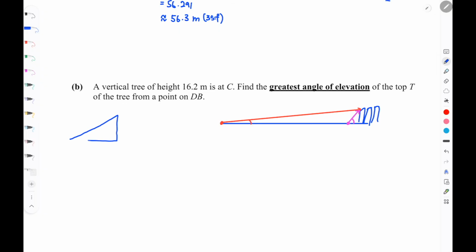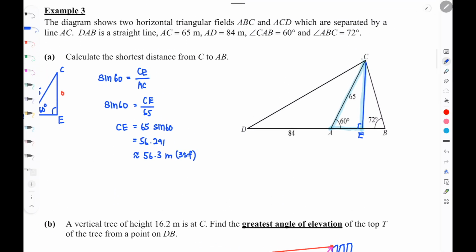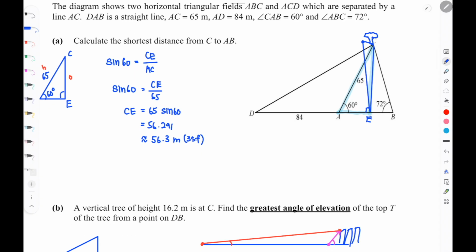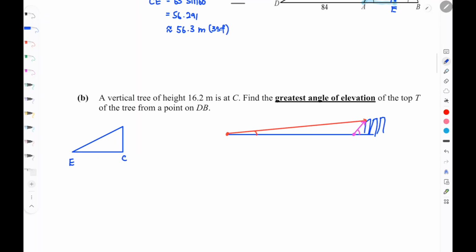So I have a new triangle now. This is point C, this is point E. Okay, what I'm doing is actually I have a tree over here, and then I have this new triangle that I am drawing here. So I have E, I have C, and then the top of the tree I'm just going to put T. Okay, the height of the tree is 16.2 meters.